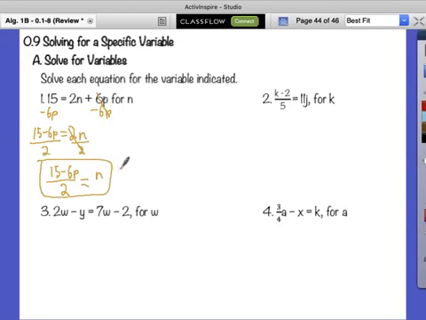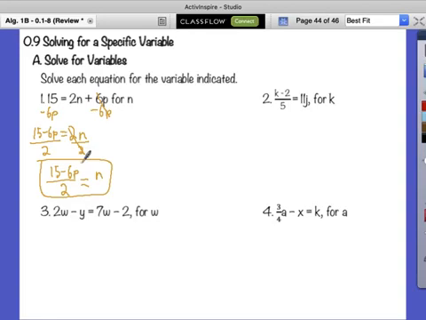Because n is by itself. Does that look like it should be an answer to us? No. It looks weird to us. But at the end of the day, we wanted n by itself. Is n by itself? Yeah. Can I really do any more math here? No, I can't. And we're going to have to just be okay with that.